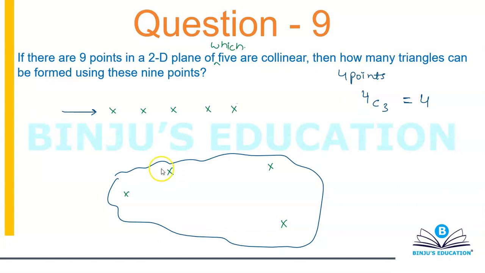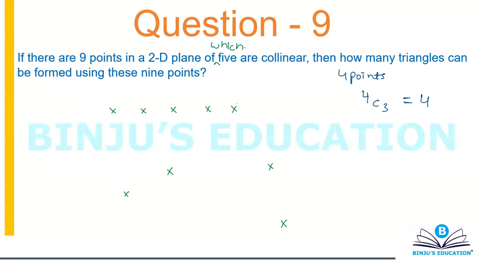We can do one thing, that is I can select one point from these 5 collinear points and 2 points from these 4 non-collinear points. For example, I can have a triangle something like this. Excuse me for my drawing, please. Something like this.